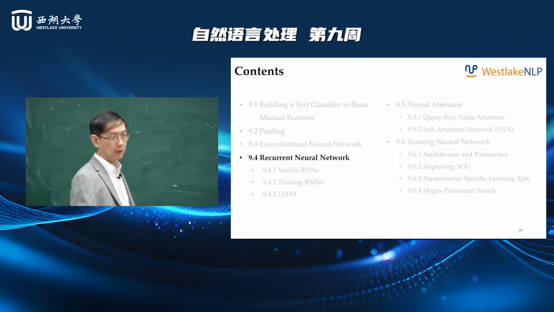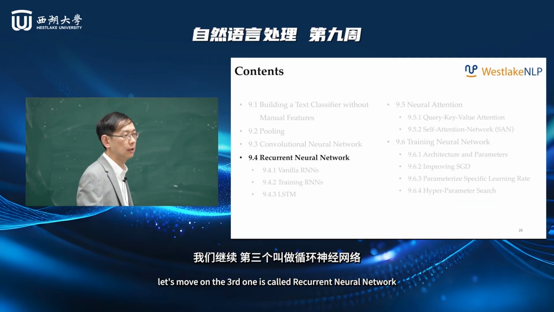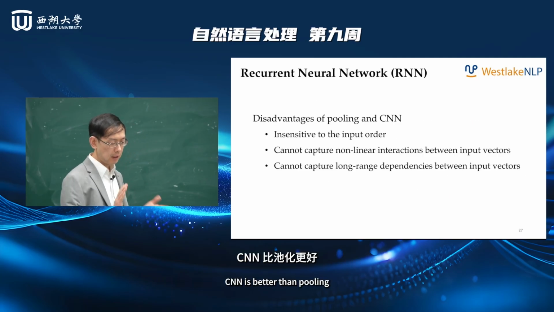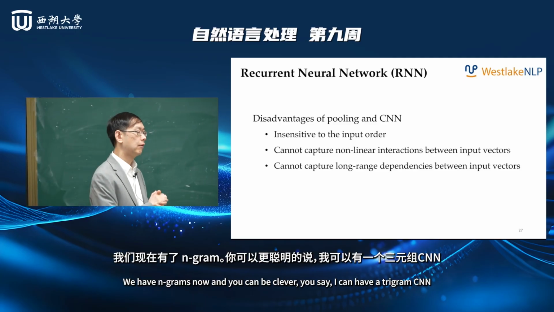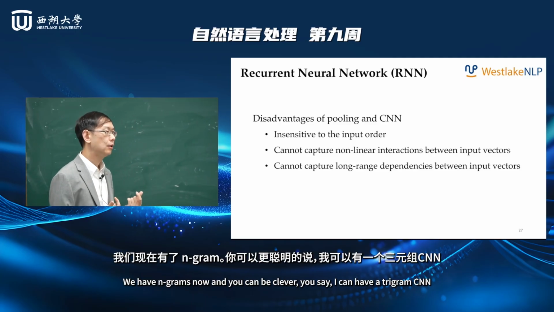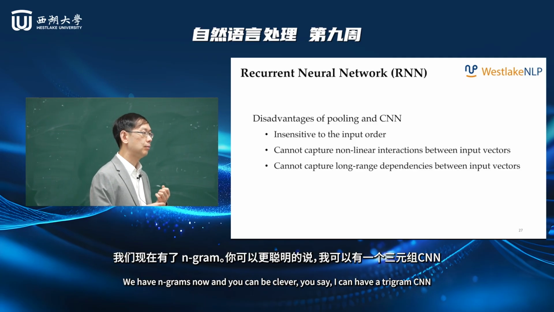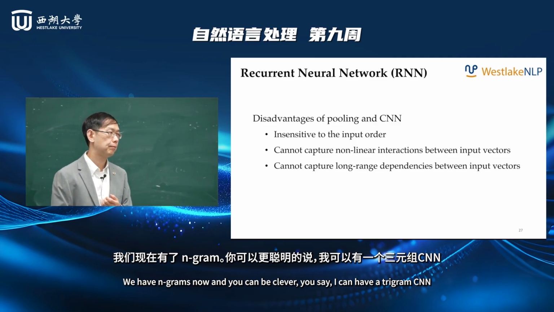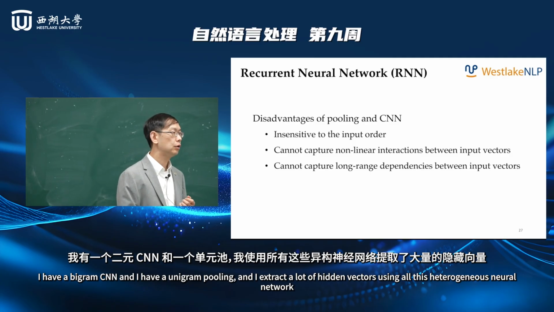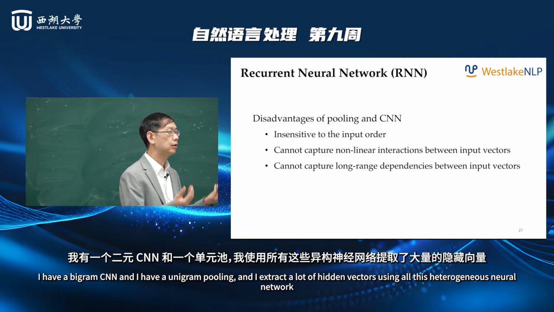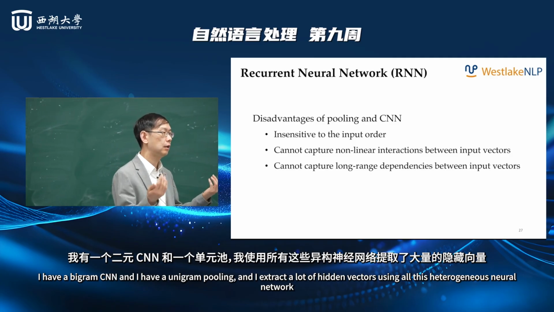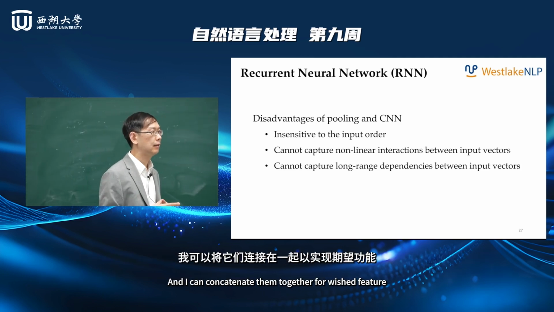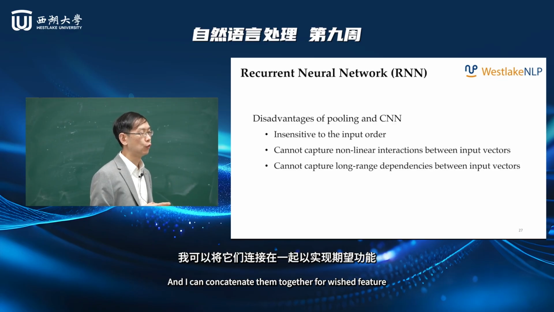So let's move on. The third one is called recurrent neural network. CNN is better than pooling. We have n-grams now. And you can be clever. You say, I can have a trigram CNN, I have a bigram CNN, and I have a unigram pooling, and I extract a lot of hidden vectors using all this kind of heterogeneous neural network, and I can concatenate them together for rich features.